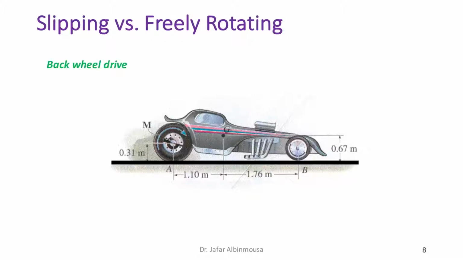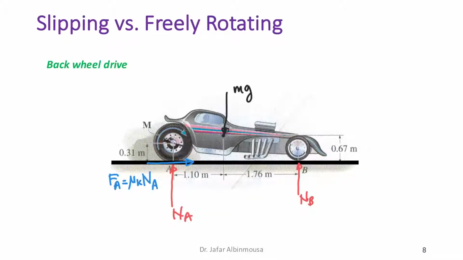Now let's consider the slipping versus freely rotating case. Let's assume that we have this back wheel drive racing car, which has a center of gravity acting right here, that's mg. We will have two normal forces, NA and NB. Now, if the back wheel happened to slip, then we will have the friction force as FA equals μk NA.